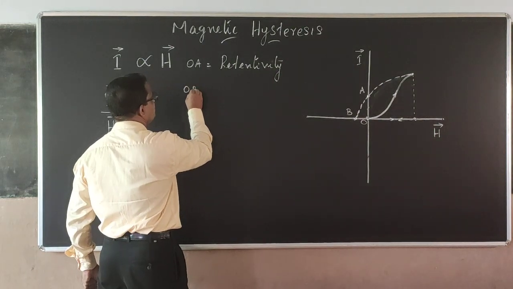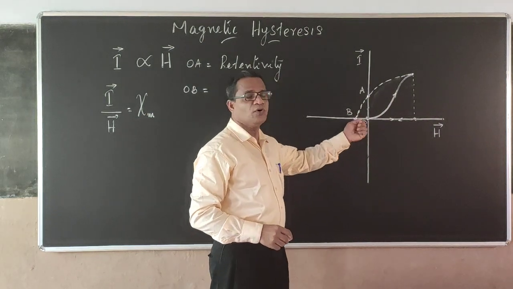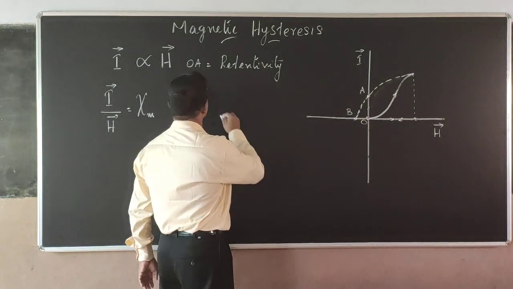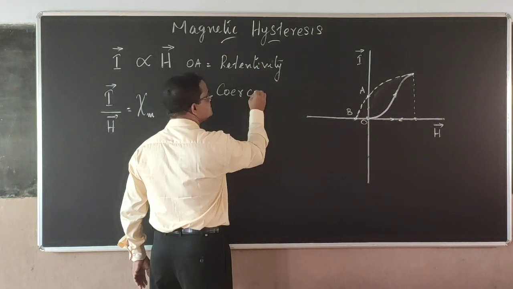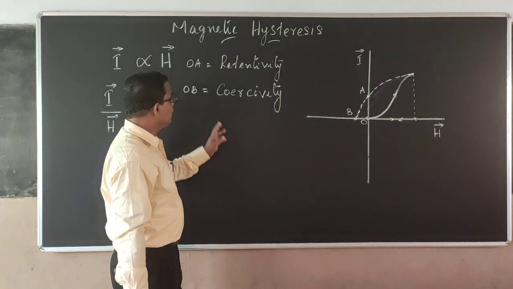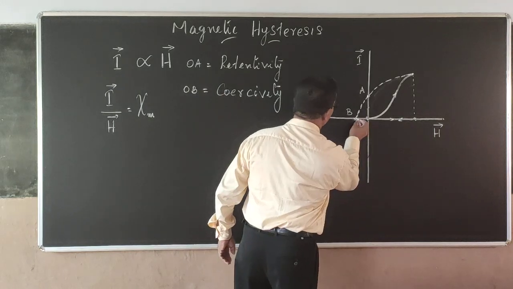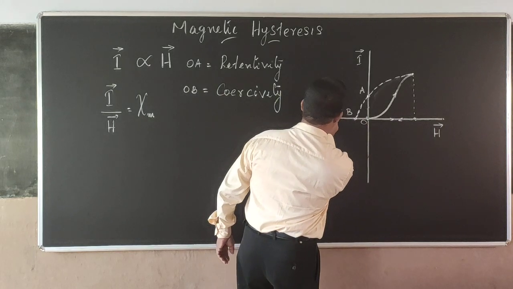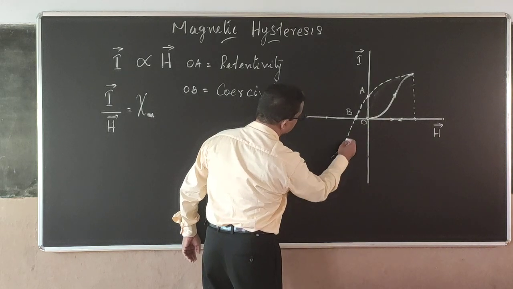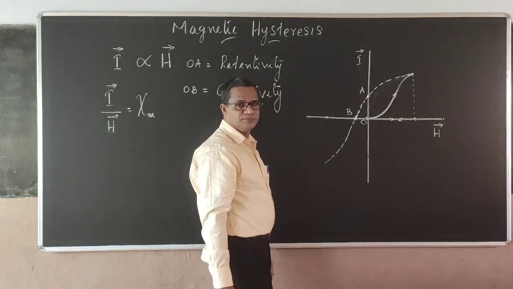That measure OB, the magnetizing field required for making the retentivity zero, is called coercivity. Coercivity. And again, as I increase that field up to the same amount back, what I can see is that the graph is going almost straight and coming to the saturation.